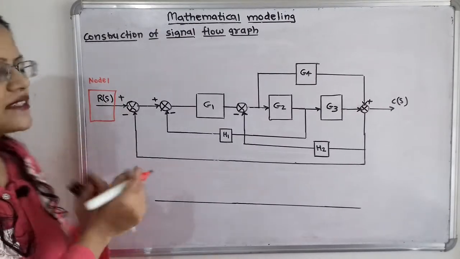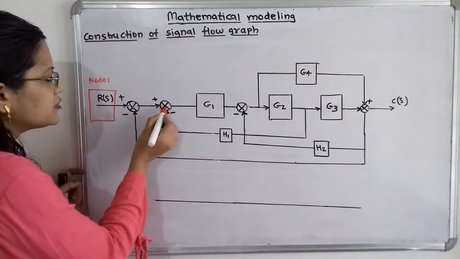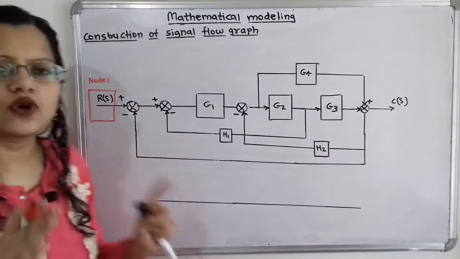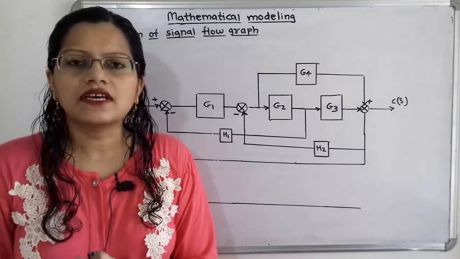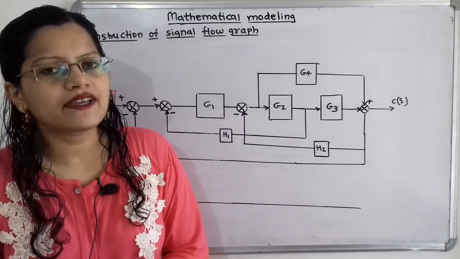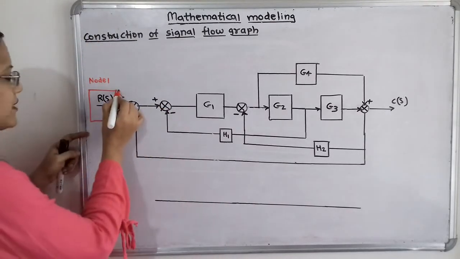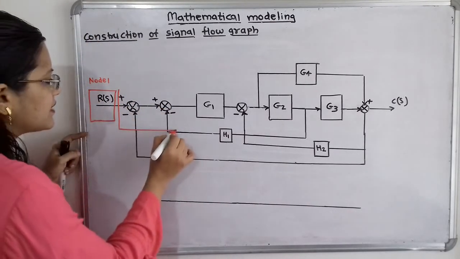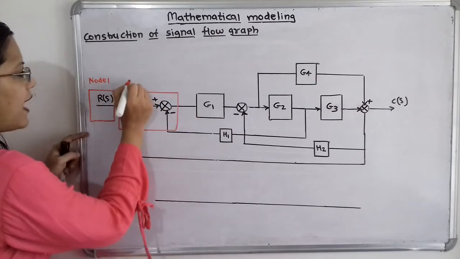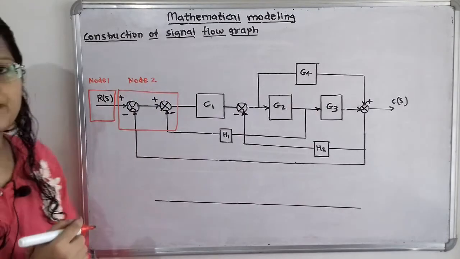Then there is the summing point. But if we observe, in between these two summing points there is no block. That means the branch connecting the two summing points has unity gain. So we will combine these two summing points and consider this as a single node, and I will give here the number, node 2.